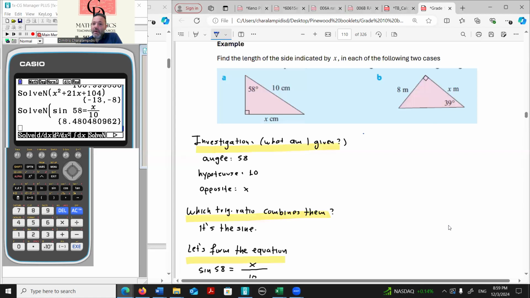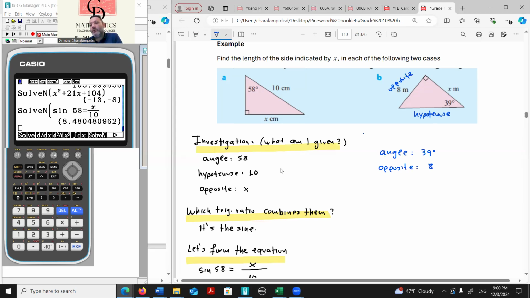Again, what am I given? This time I'm given the angle, which measures 39 degrees. This is the hypotenuse, which is placed right opposite the 90 degrees angle. With regards to the angle of 39, 8 is the opposite. So I'm also given the opposite, which is 8.